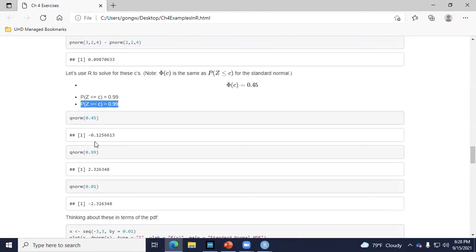With greater than or equal to, you have to do 1 minus this probability, which is 0.01, since 1 minus 0.99 is 0.01. You're trying to find the corresponding C for this probability 0.01. So this is the C for this statement.